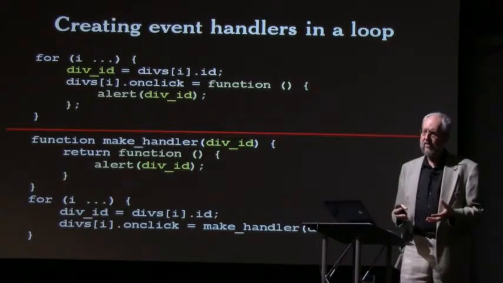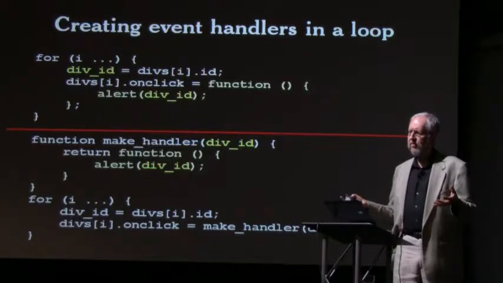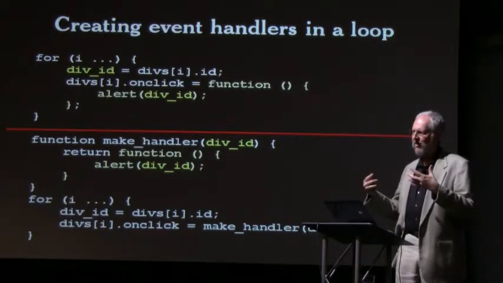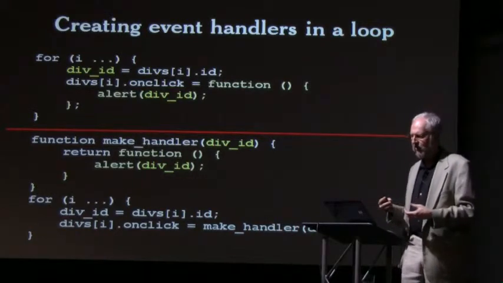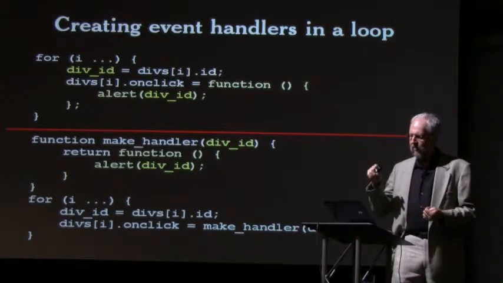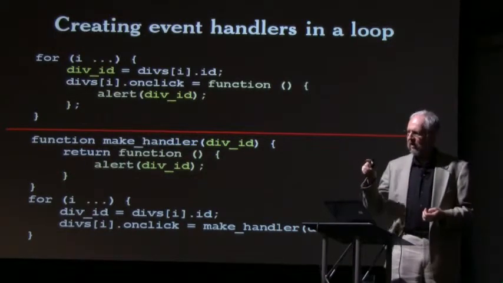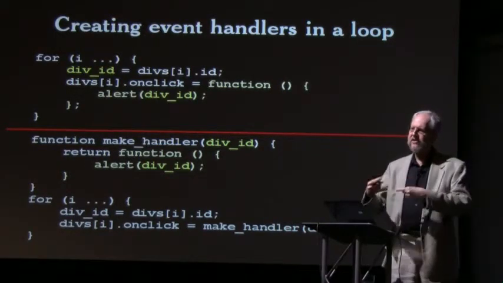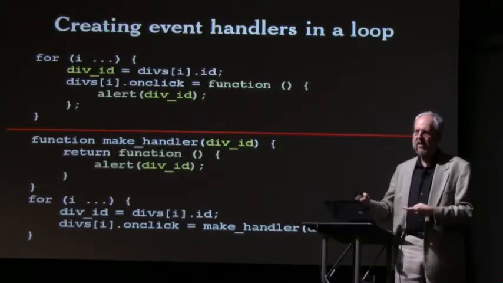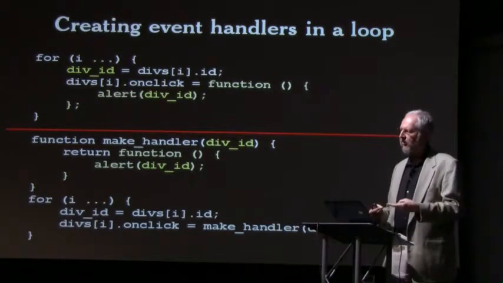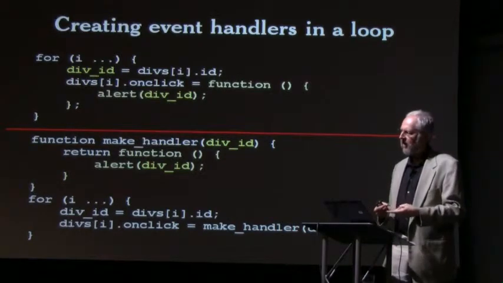And what you find is that they all come up with the same number, and it's the wrong number. And you wonder, how did that happen? It's because when you add the function to onClick, it's closing over div ID, which is constantly changing. And so by the time you finally get around to clicking on them, you're going to be getting the final value, which was the value that kicked you out of the loop.